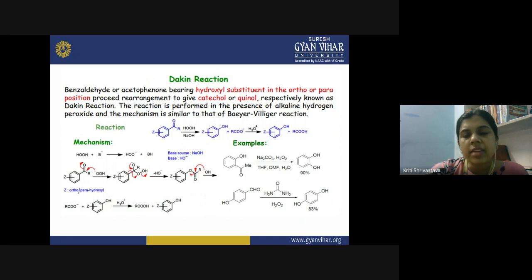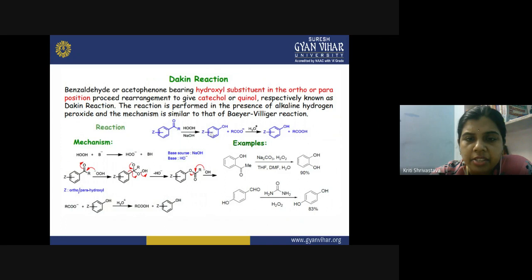This reaction is performed in the presence of alkaline hydrogen peroxide, and the mechanism is again similar to the Baeyer-Villiger reaction. So this is the benzaldehyde. Sorry, this is the acetophenone, and the acetophenone has the hydroxyl group present in the ortho or para position, anywhere it could be present, in the presence of NaOH and hydroperoxide.